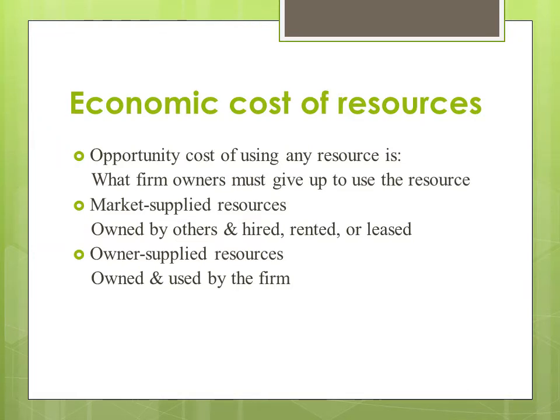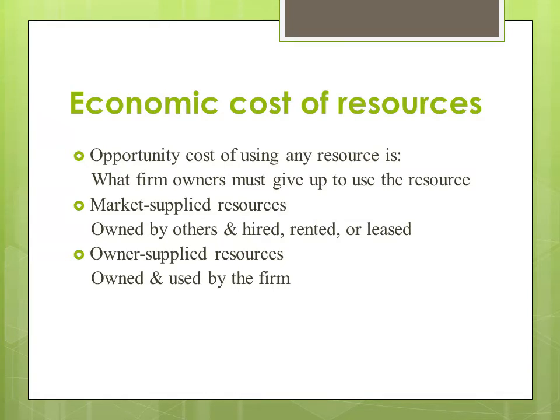Next is market supplied resources, owned by others and hired, rented or leased. This is also an example of explicit cost. Explicit cost is out of pocket costs like wages, raw materials, rent, cost of transport. All costs which are hired, rented or leased are called market supplied resources.